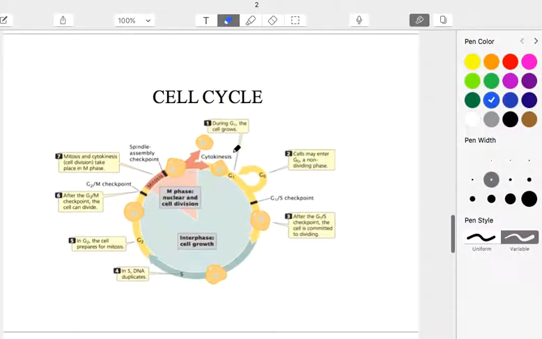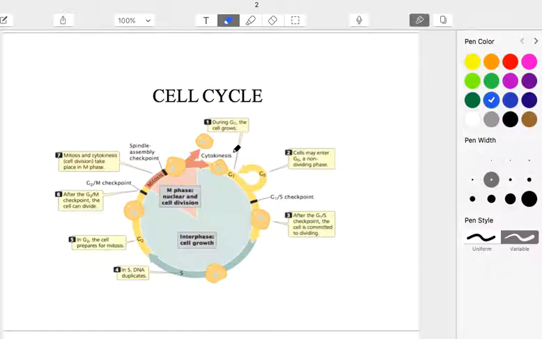Another very important concept we need to think of is the cell cycle. The cell cycle is very complex, and it requires a lot of knowledge to understand the concept. The cell cycle and the life cycle are different, though.